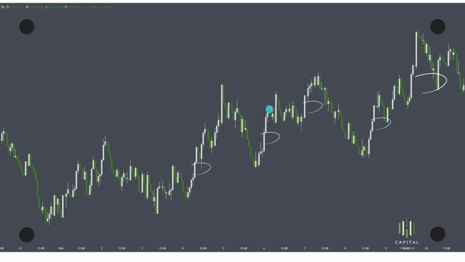So price came and tested this level and went on the upside. This on its own is a trade. Then they came at a later stage to fill up this gap too and found support on the low of this fair value gap and continued on the upside. So we can utilize this as a trade.